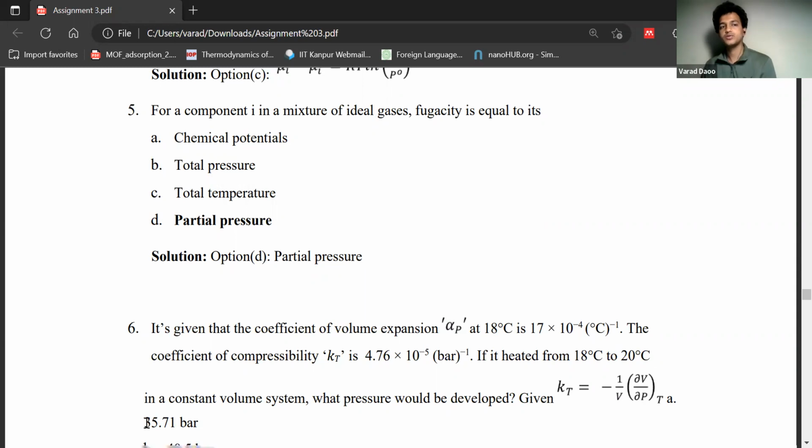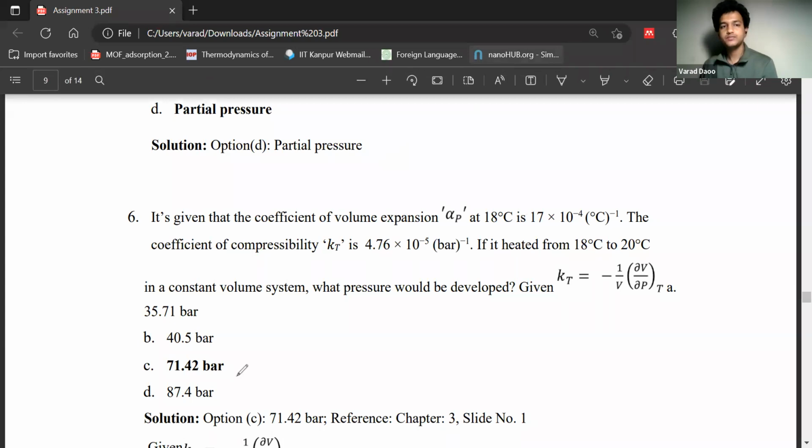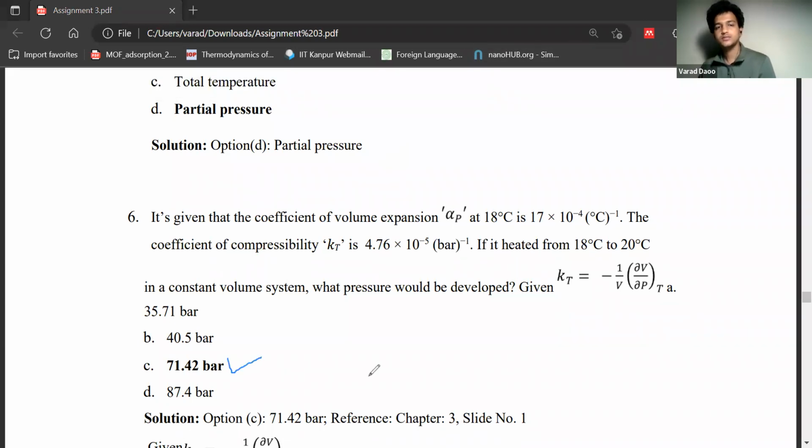Okay, anybody was able to solve it? So the correct answer is option C, right? You can refer to my previous notes also to solve it. Let me start the explanation. Anybody got the answer?